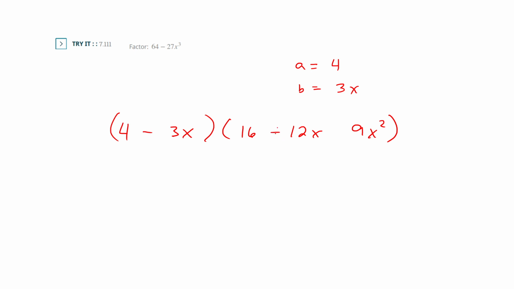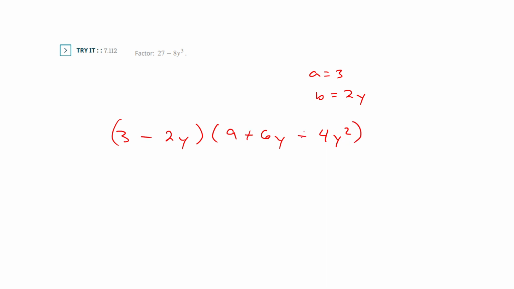Same, opposite, always positive. Notice that I'm squaring the entire back end. Same, opposite, always positive.